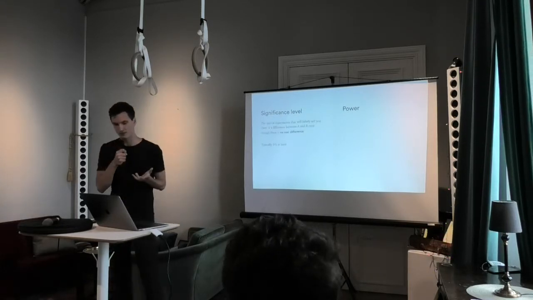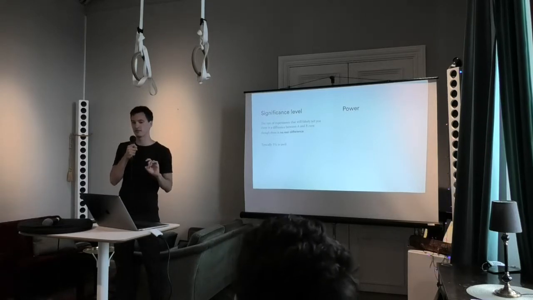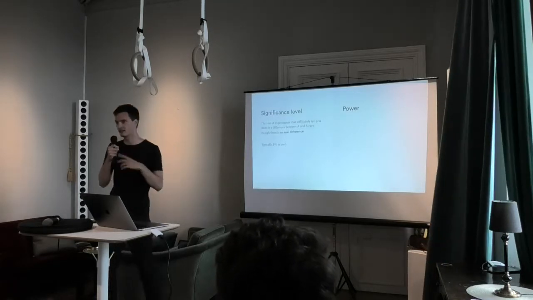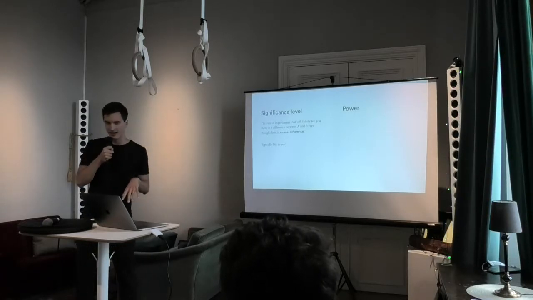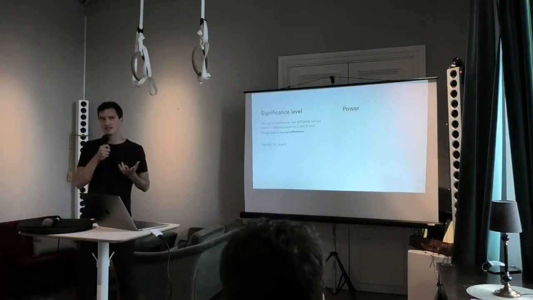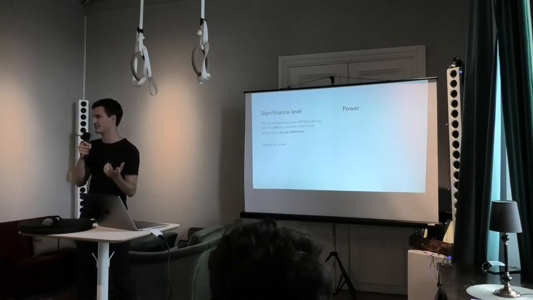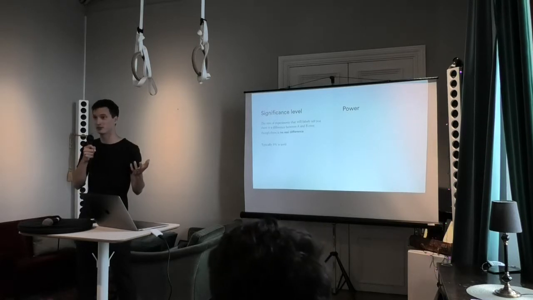So, significance level is the rate of experiments that will falsely tell you there is a difference between A and B, even though there is no real difference. And typically, there's an industry standard to use 5%. You don't have to do it, and I'll talk more about that soon. So this means that, say that you would run what we call an AA test. You're testing feature A against itself. Then you would expect no difference between the two groups, right?